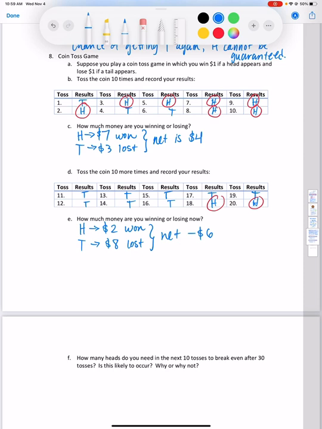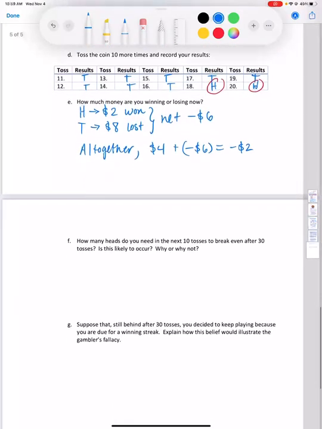Okay? Negative $6. And so altogether, I have $4 plus the negative $6. That's going to equal negative $2. Okay. So I'm down in the negative.